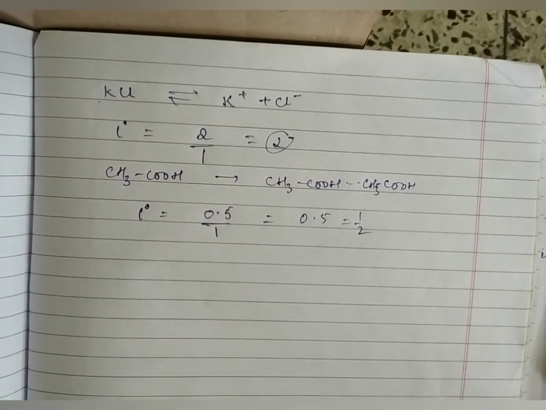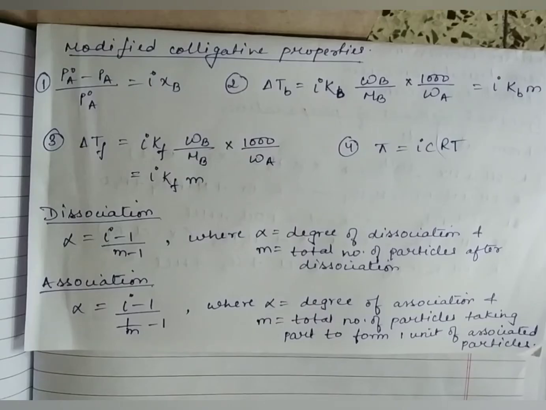But what about the molecules which do not undergo 100% dissociation? They undergo maybe 40%, 50% dissociation, and the rest remains undissociated. So in those cases, we cannot directly use the formula of Van 't Hoff factor, but we have to take into account the degree of dissociation also.